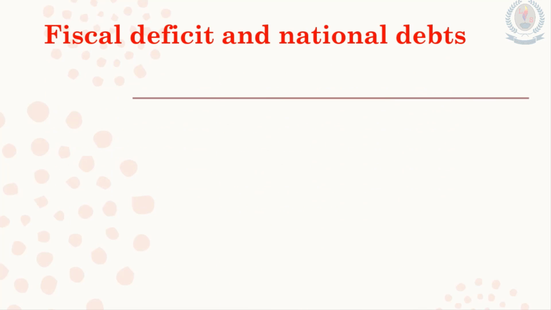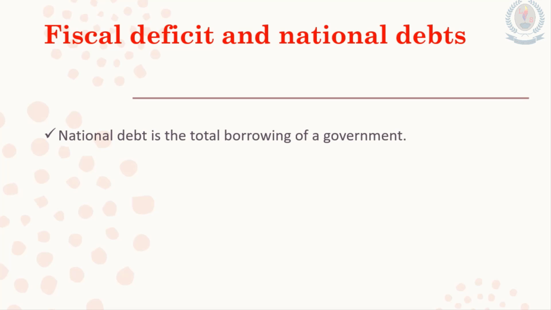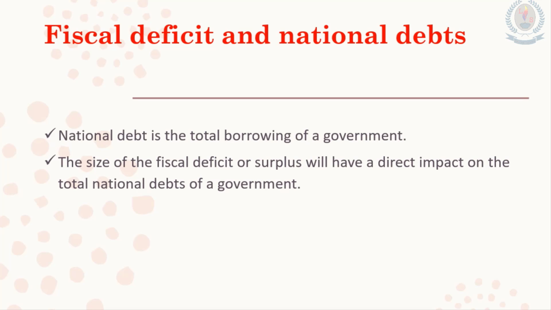Fiscal deficit and national debt. National debt is the total borrowing of a government. The size of the fiscal deficit or surplus will have a direct impact on the total national debt of the government. That means, suppose the fiscal deficit of a country is 10 million, then the national debt of the country will rise by 10 million.